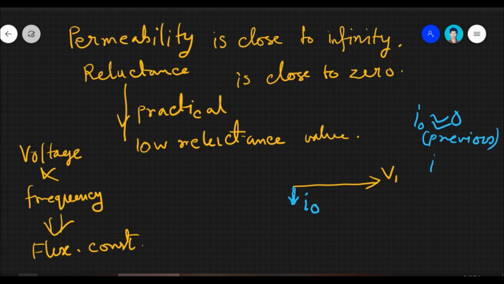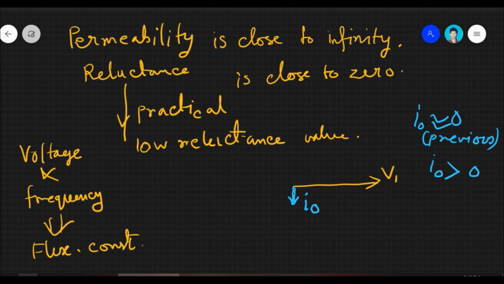Now we have I naught greater than 0. Although I naught is not a very large current, you can't neglect I naught anymore, because your reluctance is not equal to 0, and the remaining things remain the same.